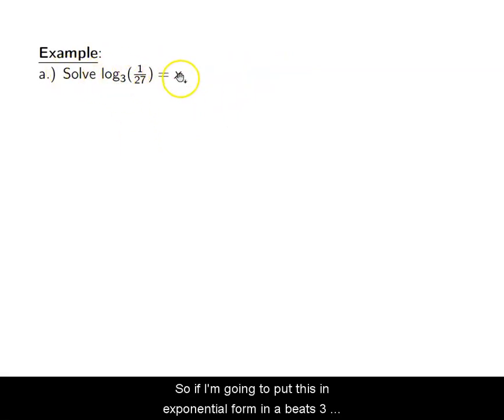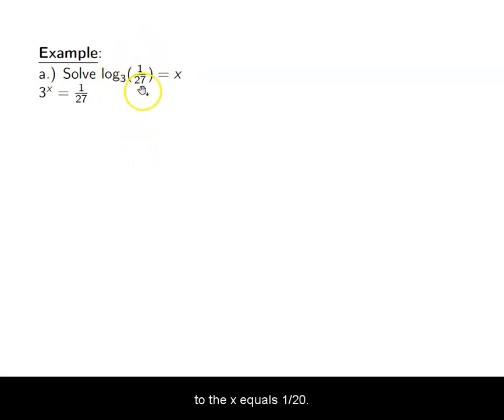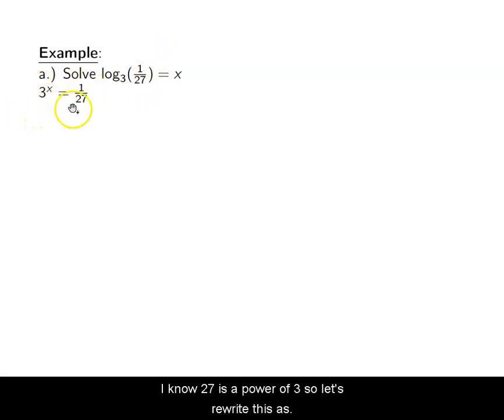If I want to put this in exponential form, it'll be 3 to the x equals 1 over 27. Now it's a lot easier for me to try to solve this. I know 27 is a power of 3, so let's rewrite this as 1 over 3 cubed. I want to put the right-hand side into a standard base b form.